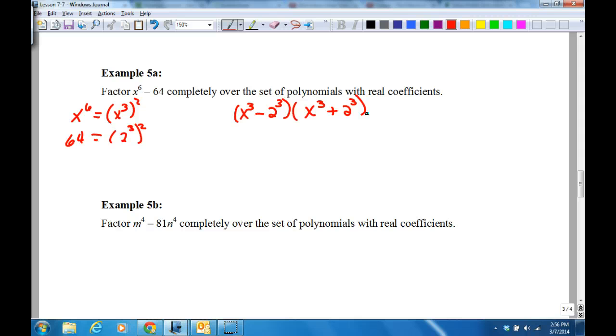Okay? Why did you do that? Because you can square them. Yep, so then that equals this. Okay? So now we can use our difference of cubes and our sum of cubes for both of these. So now this is going to be x minus 2 as my opening.